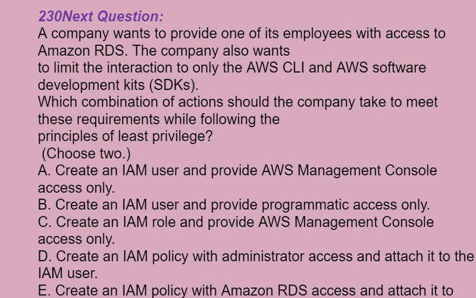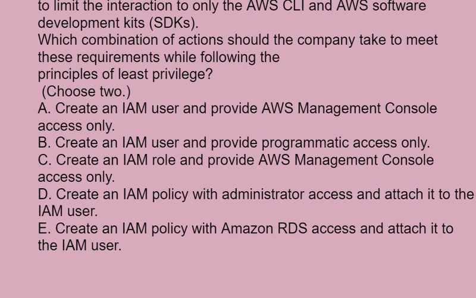Choose two options. Option A, create an IAM user and provide AWS Management Console access only. Option B, create an IAM user and provide programmatic access only. Option C, create an IAM role and provide AWS Management Console access only.